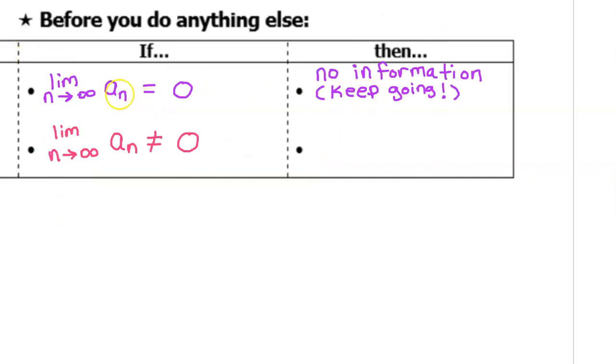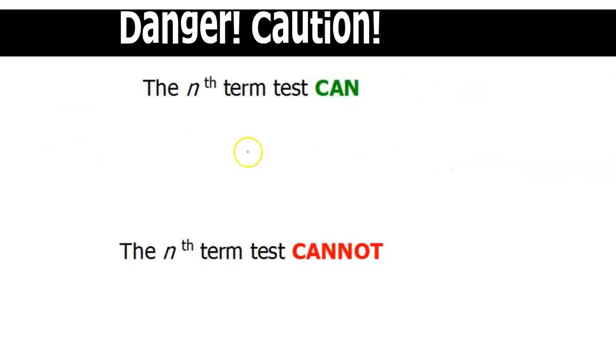If the value of the rule approaches 0, it gives you no information. You just have to keep going. Maybe the series converges, maybe it diverges. You know nothing. On the other hand, if the value of the rule does not approach 0, then the series diverges. Again, if the limit does not equal 0, we can be 100% sure that the series diverges.